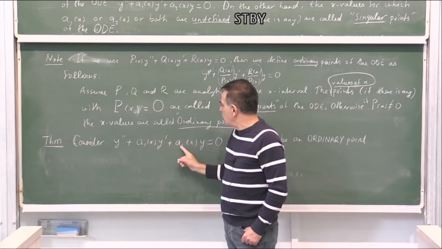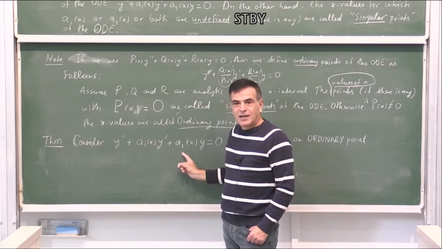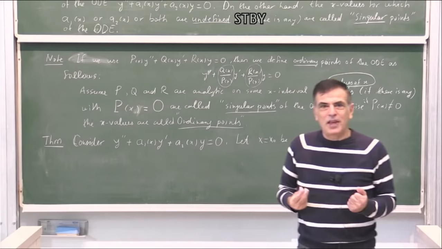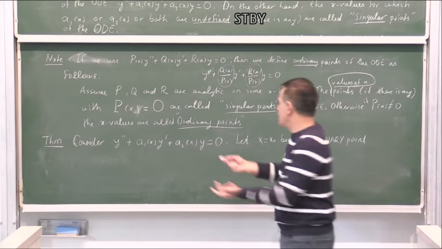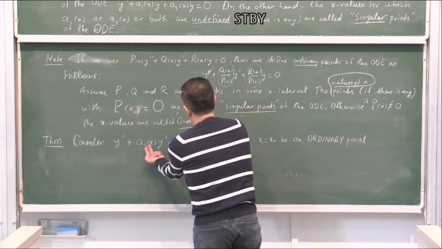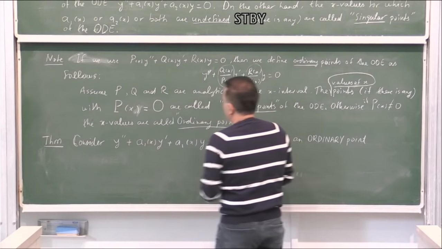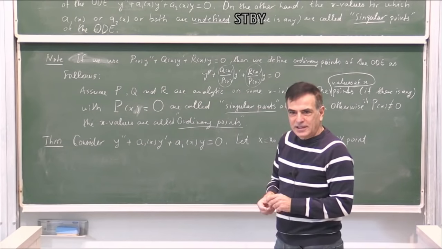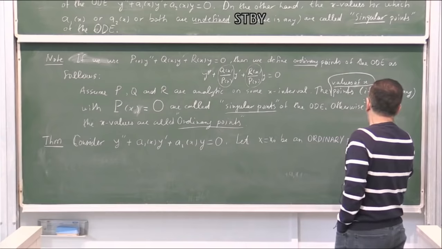Where a1 and a2 are both analytic, then it is reasonable to think that y, this is a combination of an equation containing analytic functions, is also analytic, and therefore x0 may be an ordinary point.